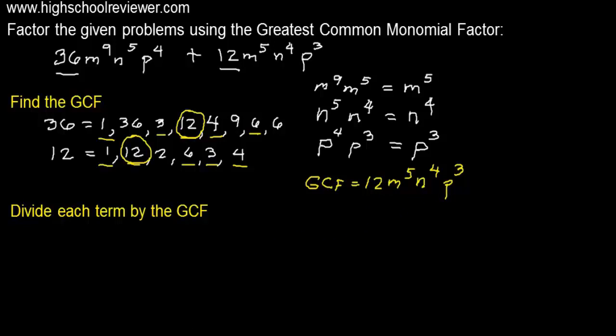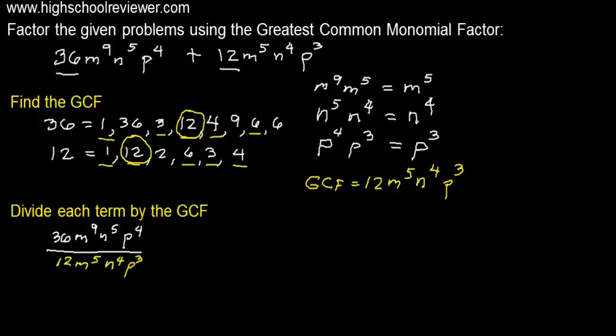We may now proceed to the next step, and this is dividing each term by the GCF. Let's start with the first term. We have 36 m^9 n^5 p^4. We will divide each term, so we will divide this by the GCF. Again, our GCF is 12 m^5 n^4 p^3.